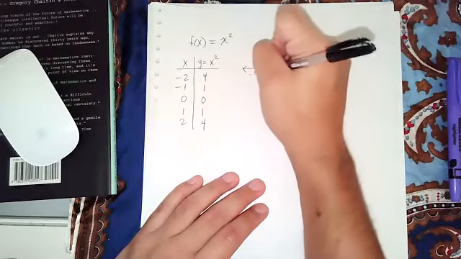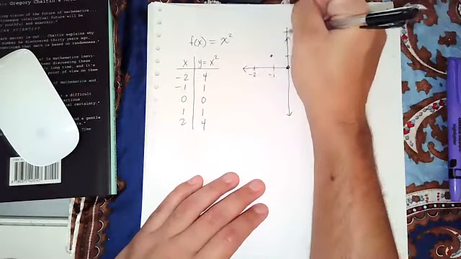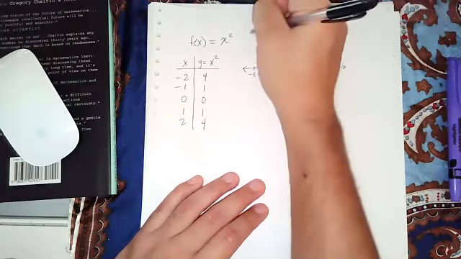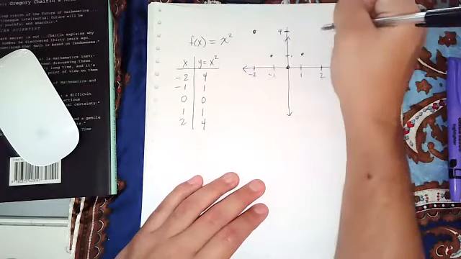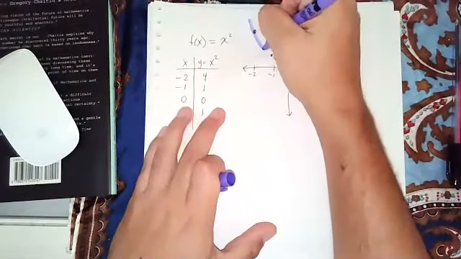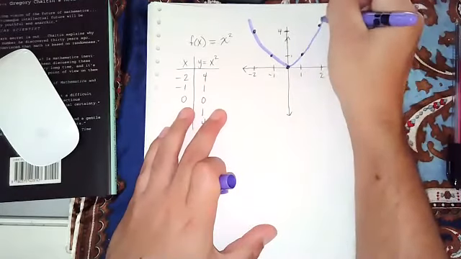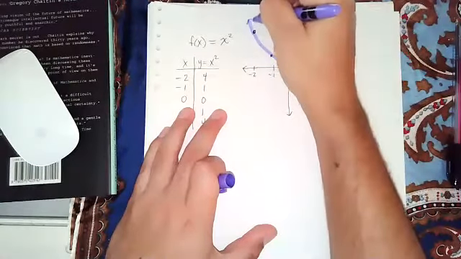Then let's say that this is -2 and this is +2. And let's just say that up here we have 4 right here and right here. So we end up getting this parabola shape that we've now sort of familiarized ourselves with. Not perfect, but few things in this world are.